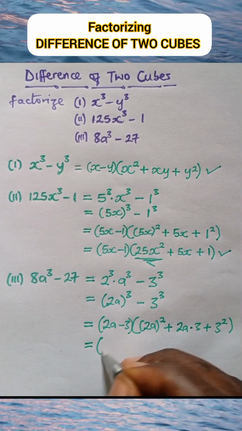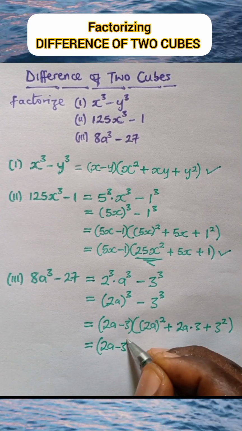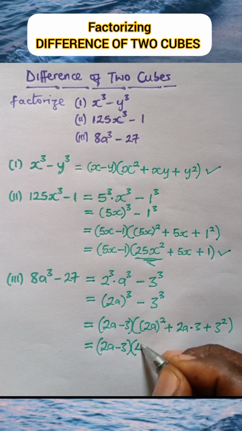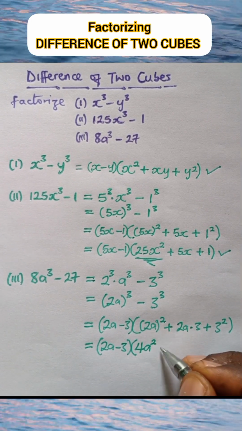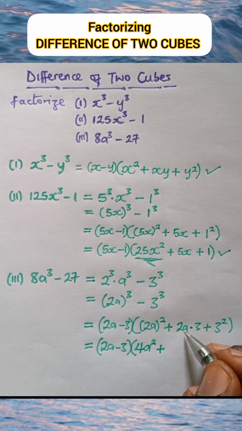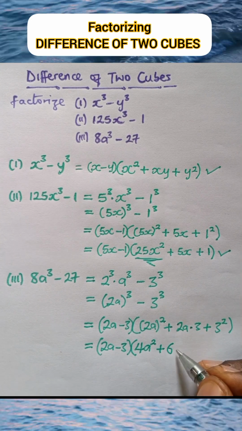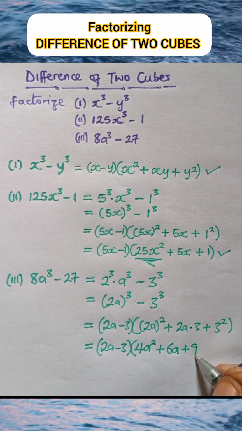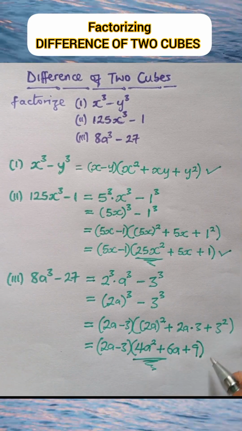And the final answer becomes 2a minus 3 in one bracket, and then 2 square is 4. So that we have 4a square plus 2a multiply 3 gives us 6a plus 3 square is 9. And this now is the final answer.